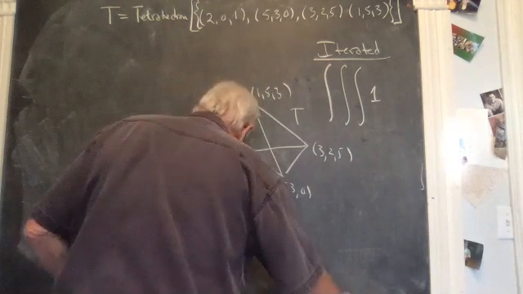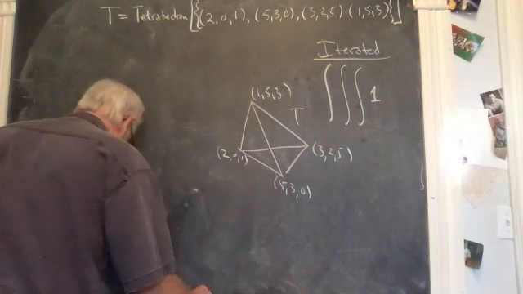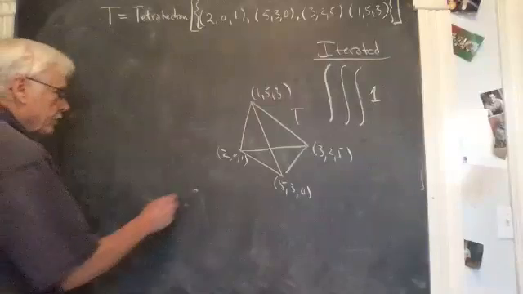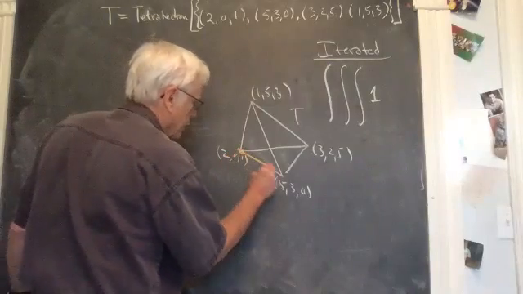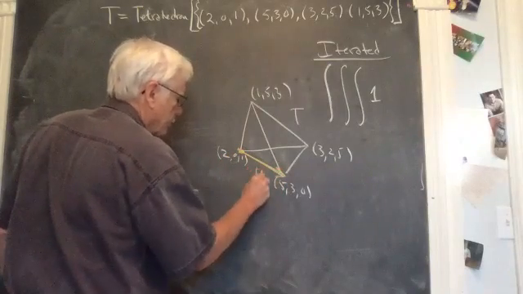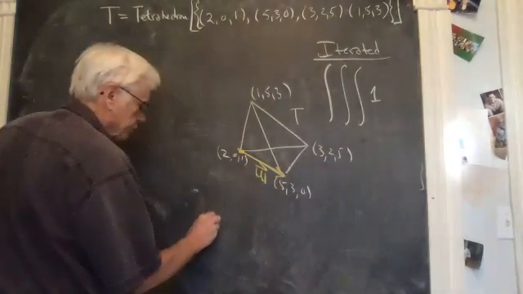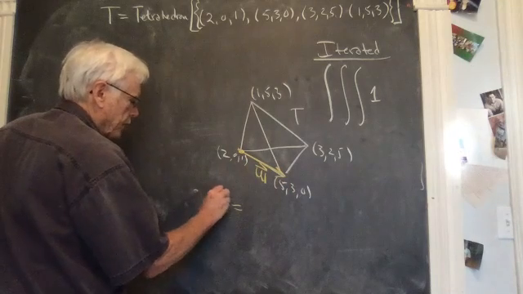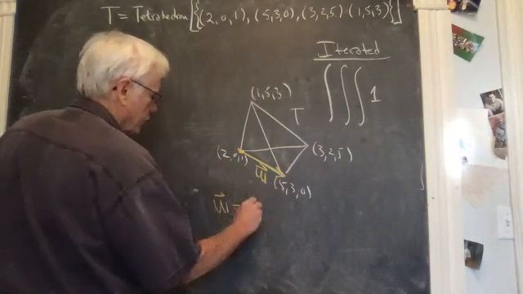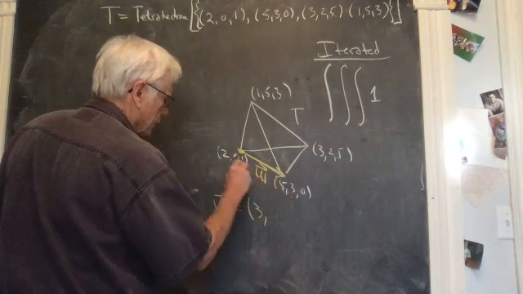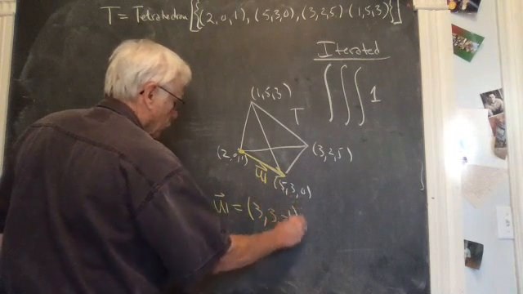And I'm going to begin by looking at, say, this vector right here that begins at 201 and ends at 530. So that vector U1 is (3, 3, -1).